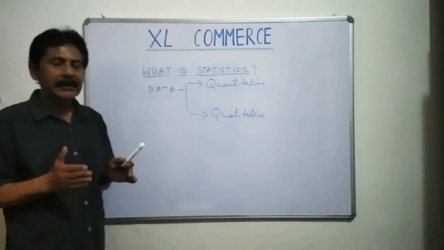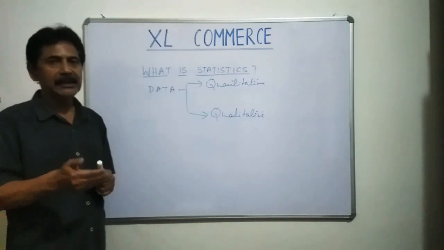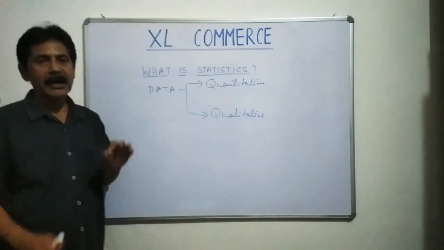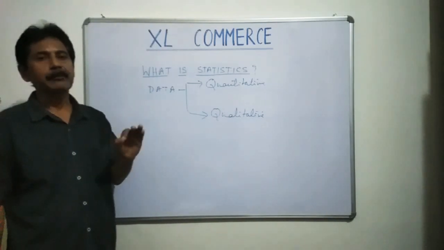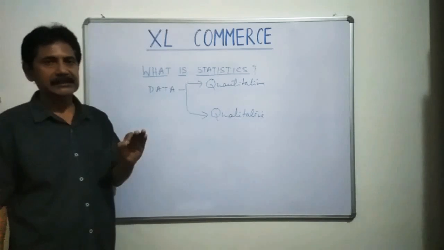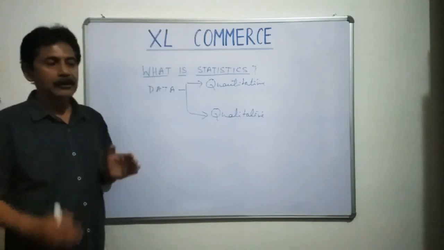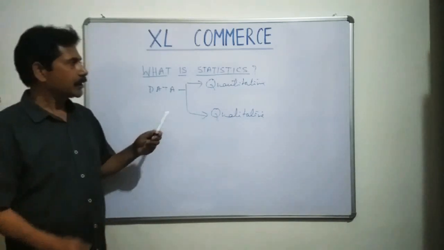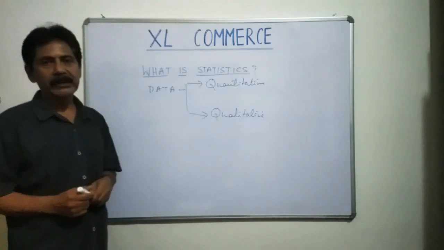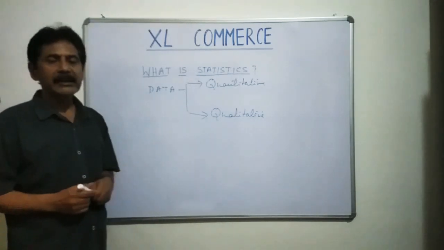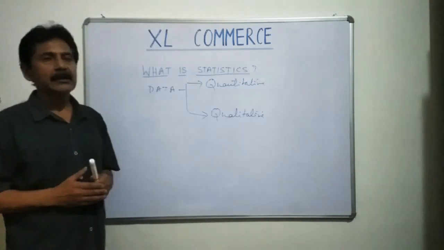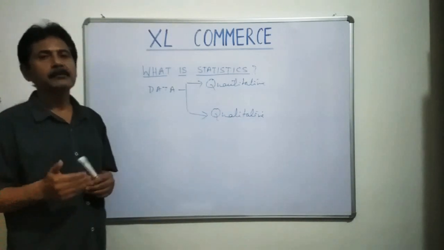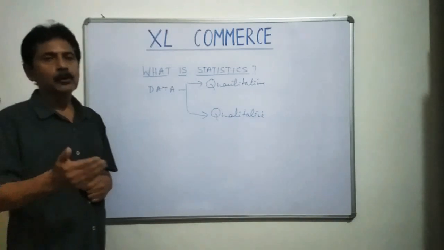When anything is expressed in numerical terms, say for example, height of Ram in your class is 5 feet 5 inches, it is expressed in numerical value. We can call it quantitative data. Qualitative data means, for example, Ram is a good boy.